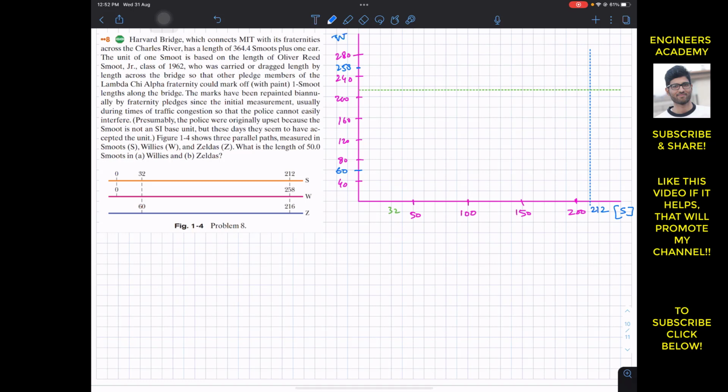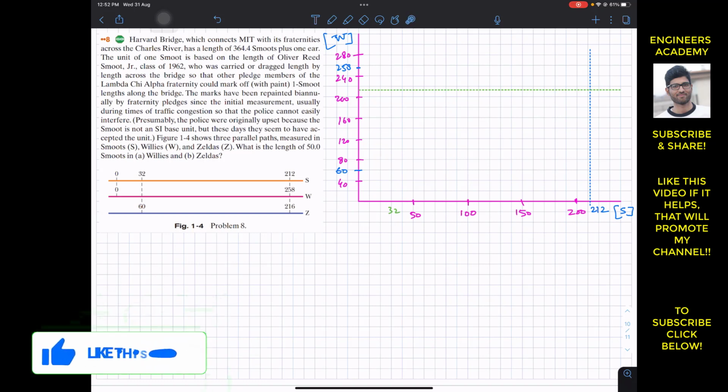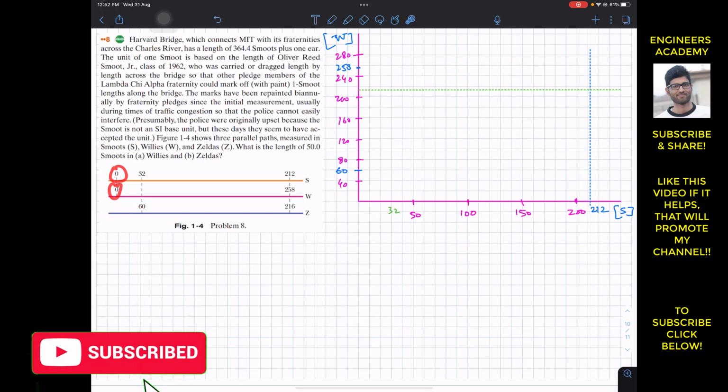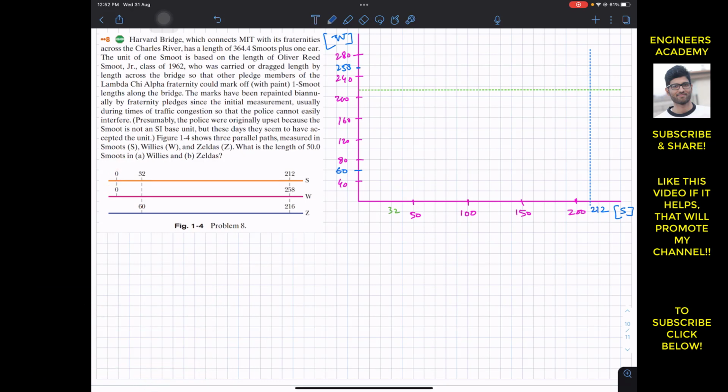From this figure, when S is 0, that is Smoots is 0, W is equal to 0. So we can plot that point on this graph. When Smoots is 0, Willies is also 0. So this is our initial point, so let's mark this point.